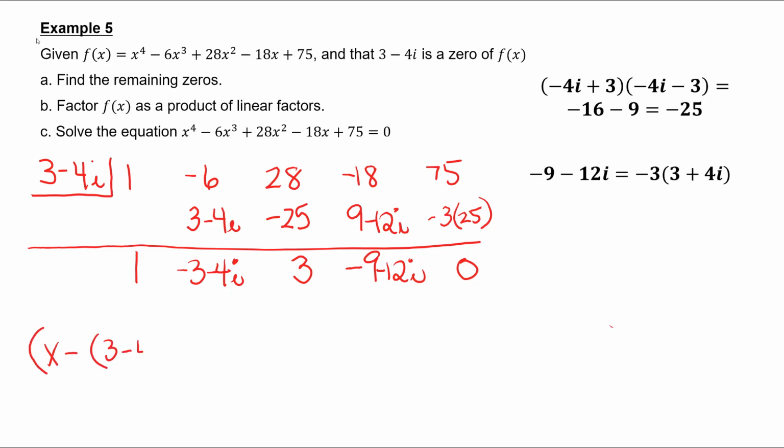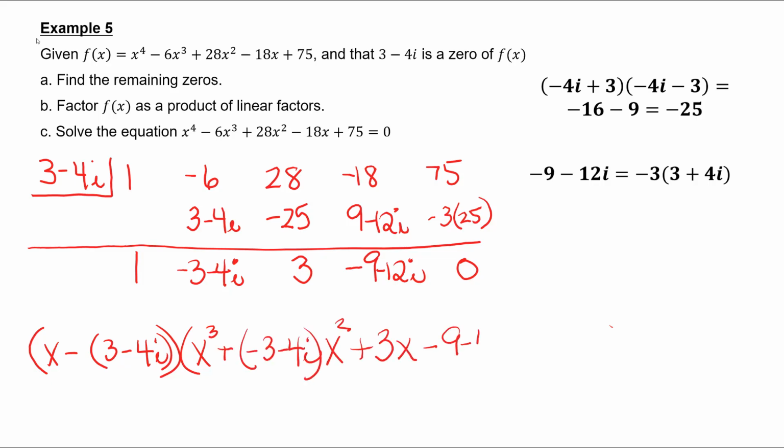And so we have x minus that 0, and then what we have left is 1x cubed, plus negative 3 minus 4i x squared, plus 3x minus 9 minus 12i, and that's our constant. So now we just need to find the zeros of this cubic function.